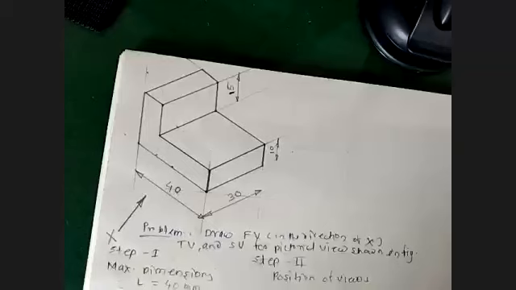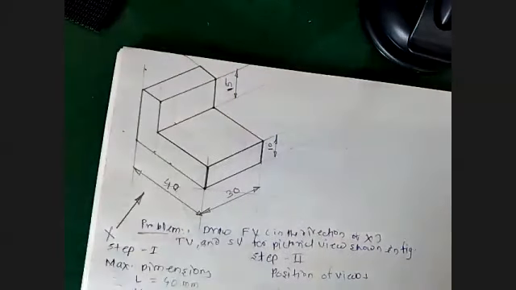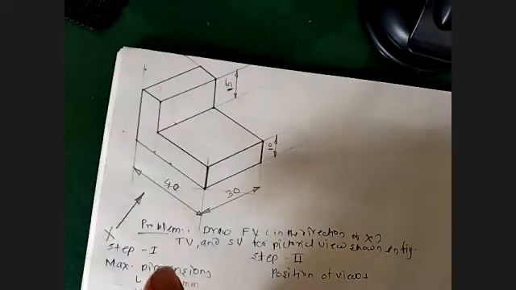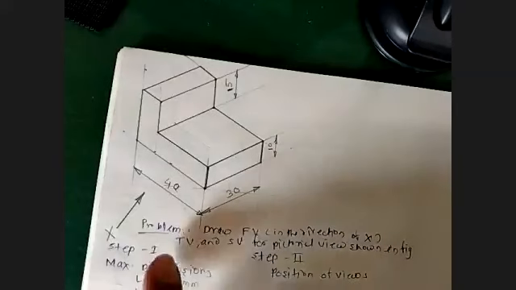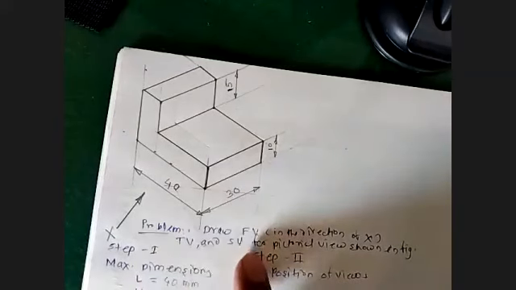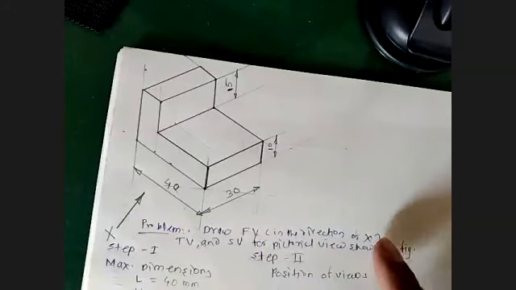Okay. So this is the pictorial view problem based on orthographic projection. There was a simple problem statement: draw front view. Sometimes they will give in brackets the direction of x, meaning this x.